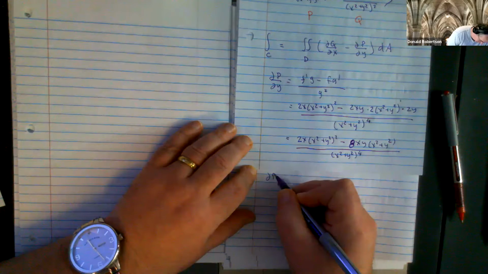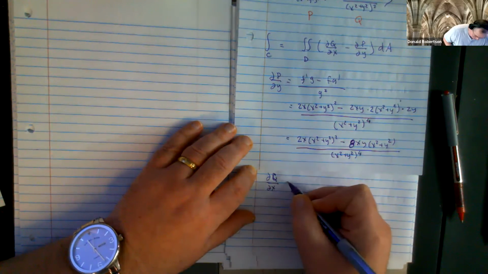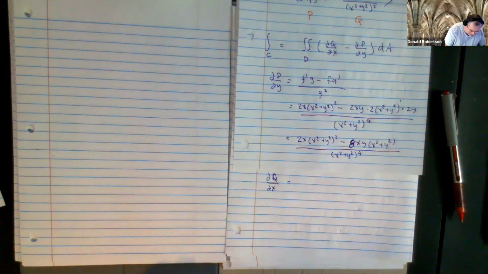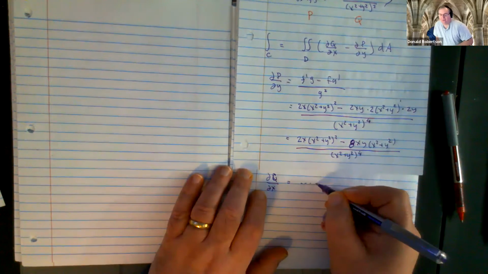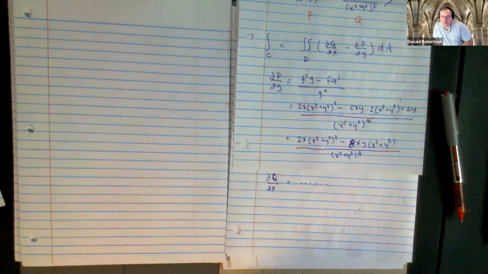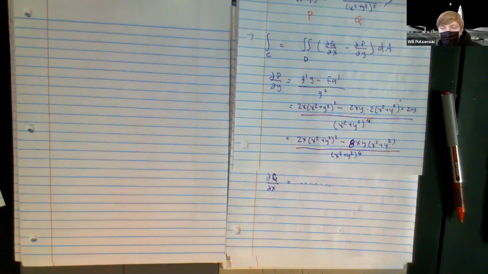I'm not going to do the dQ/dx one, but I can tell you what's going to happen. Anybody, any guesses why this question was actually a trick question? dP/dy is going to equal dQ/dx, and it's going to be a conservative field, so the answer will be 0.